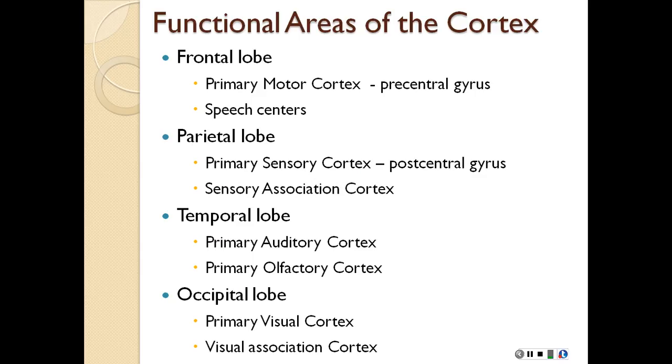The frontal lobe contains what's called the primary motor cortex, and I would like for you all to know what that means. So for each of these, you'll see there's a primary cortex and association cortex. Primary, association. So have an idea what we mean when we say a primary cortex and an association cortex.